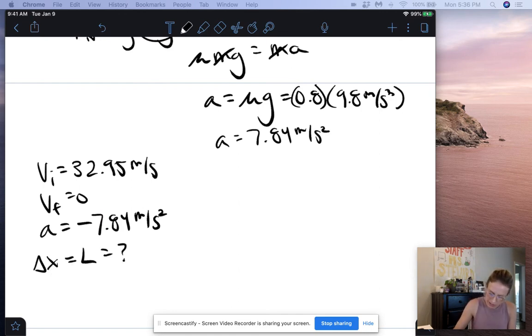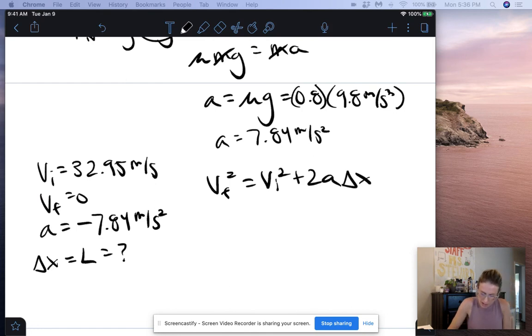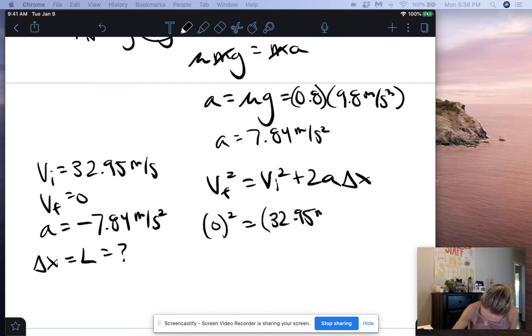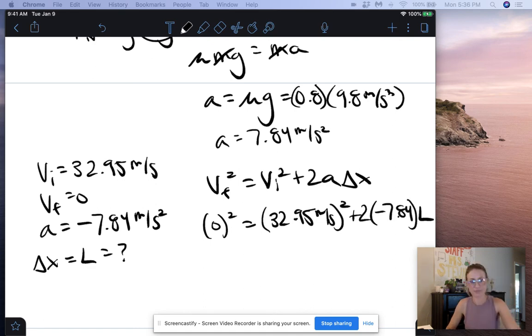And then we want to find our distance, so our delta x, or in this case, we are calling that L. So the equation that we need to use is final velocity squared equals initial velocity squared plus 2 times a times delta x. Plugging in our numbers here, we get final velocity squared, that was 0, is equal to initial velocity squared, 32.95 meters per second, squared, plus 2 times a negative 7.84 times L. I'm going to subtract that 32.95 squared from both sides, and we get a negative 1085.7 for that.